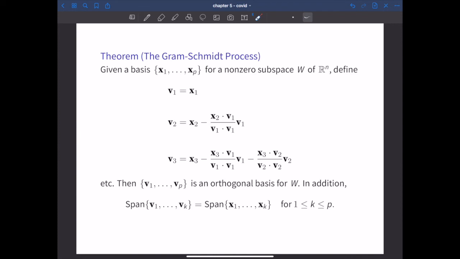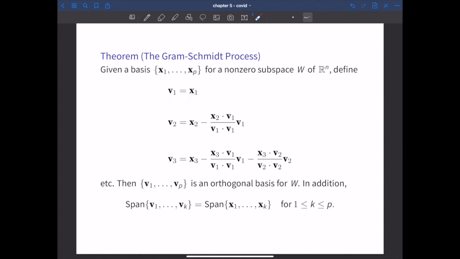So if we have some basis, x1, x2, all the way up to xp for our subspace W, then we can convert it into an orthogonal basis as follows. Our orthogonal basis is going to be v1 through vp, and the way we figure out what the v vectors are is, well, our first v vector, v1, is just equal to the first vector in our original basis.